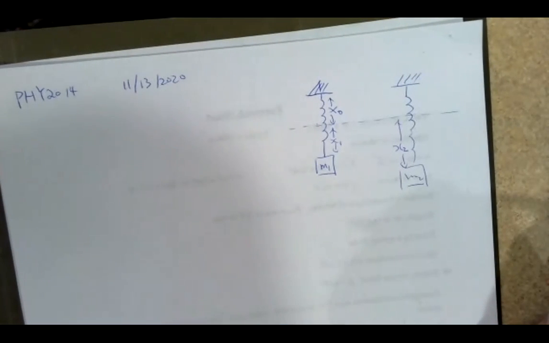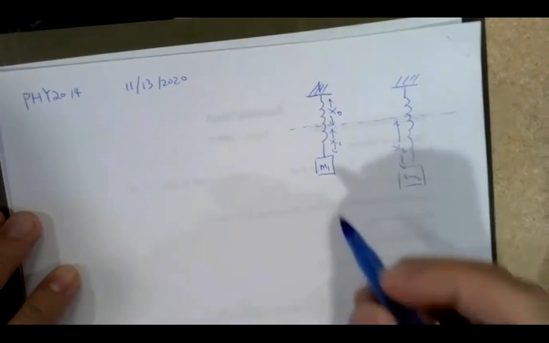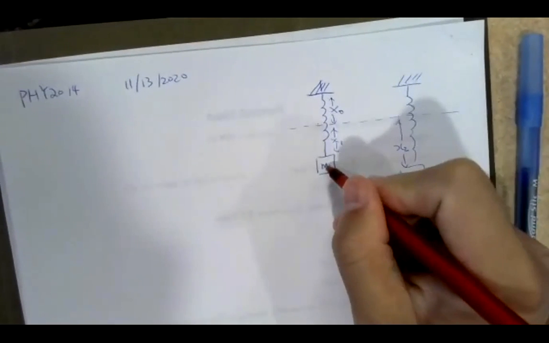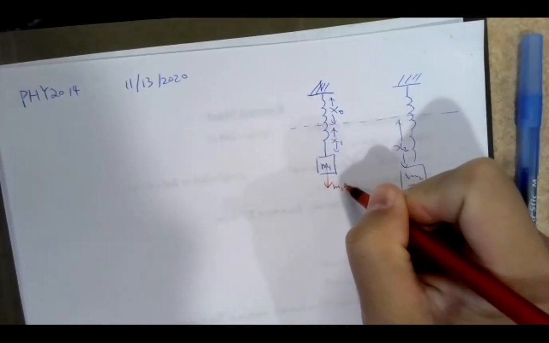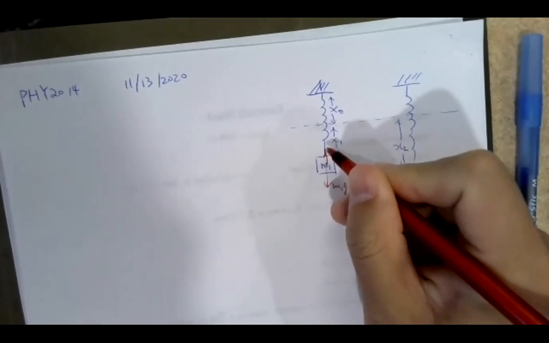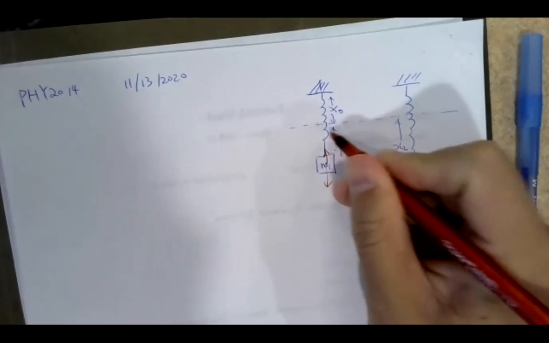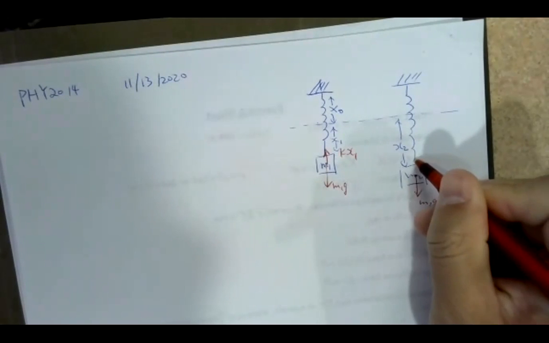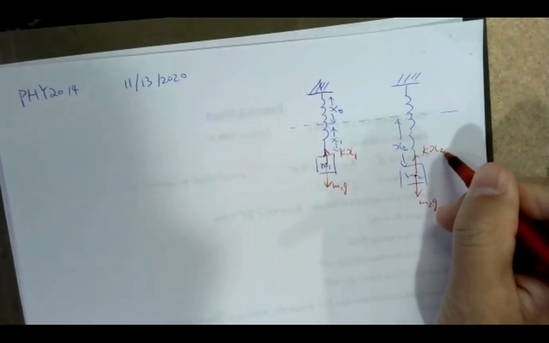So you can actually write out two equations on this. On the masses here, this one will be m1g, and then the spring force will be kx1 upward. On the other one, you would have m2g, and the spring force will be kx2.